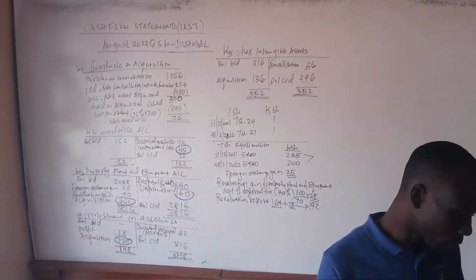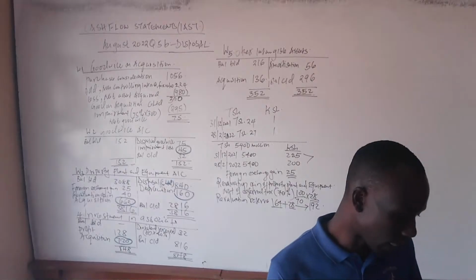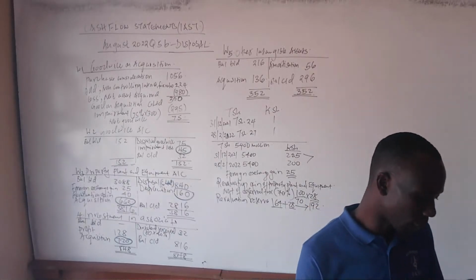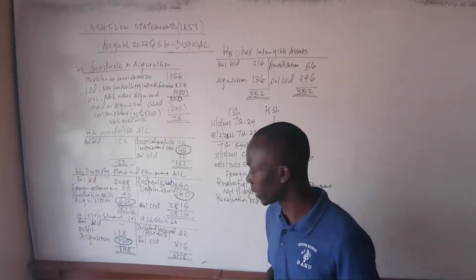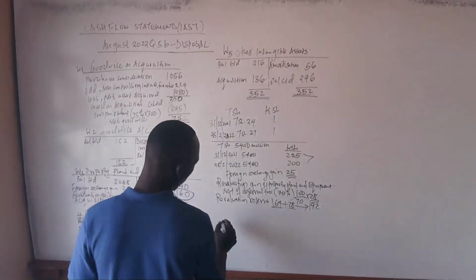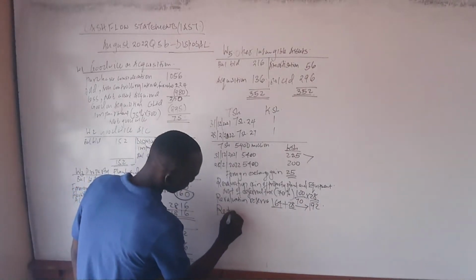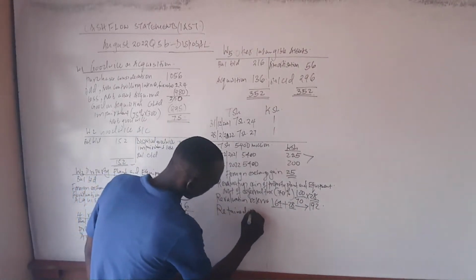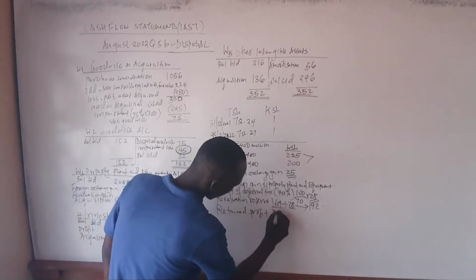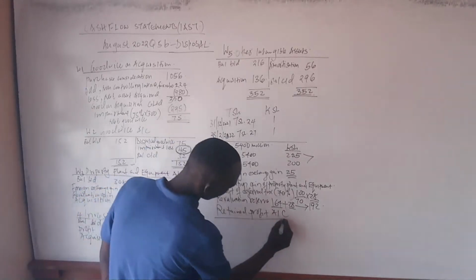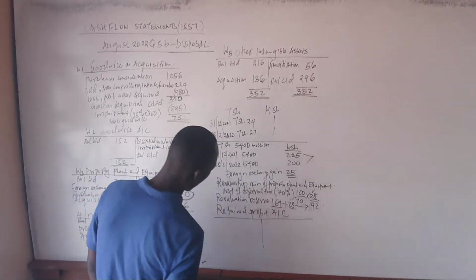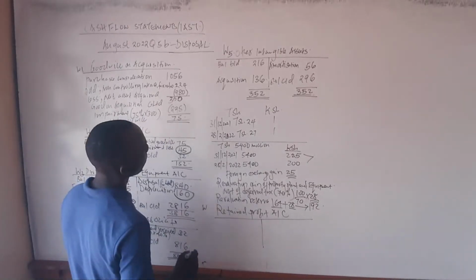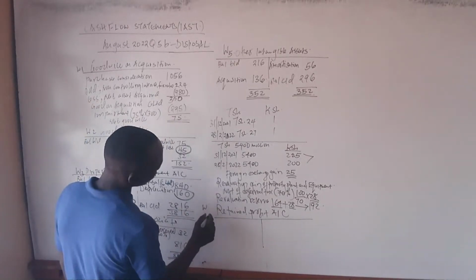Then from there, we go to retained profit. For retained profit, we are going to open the account to see whether they paid some dividends. This is working number 6.